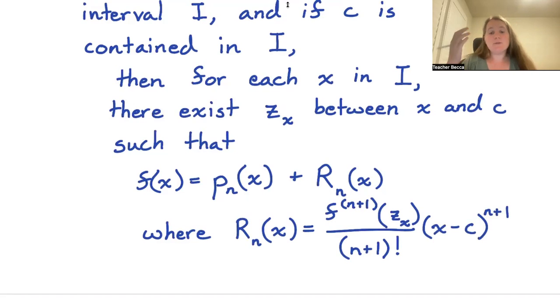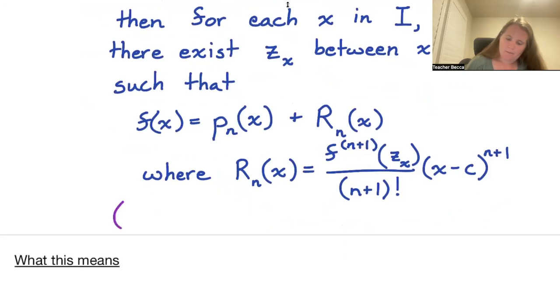So this is different. We're plugging in z sub x instead of c into that n plus first derivative of f. So this is not quite the n plus first Taylor polynomial.